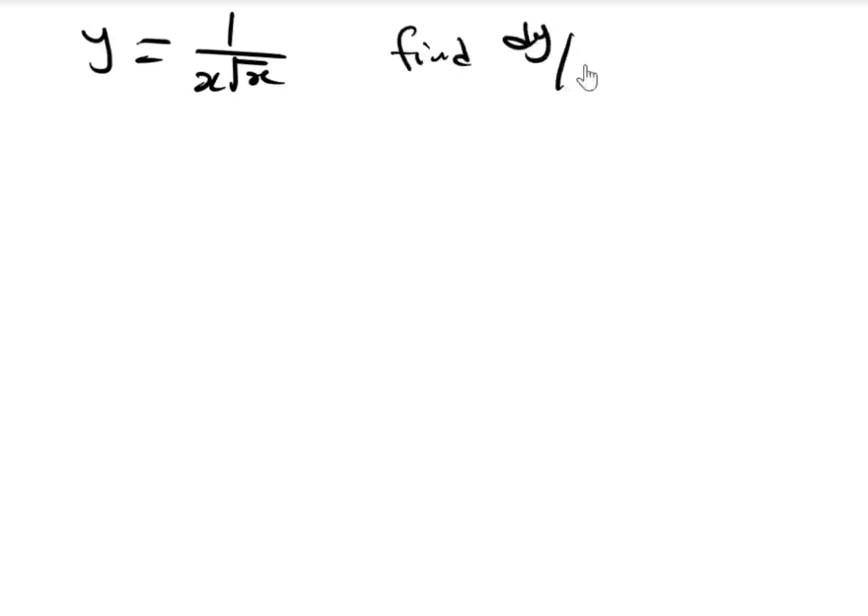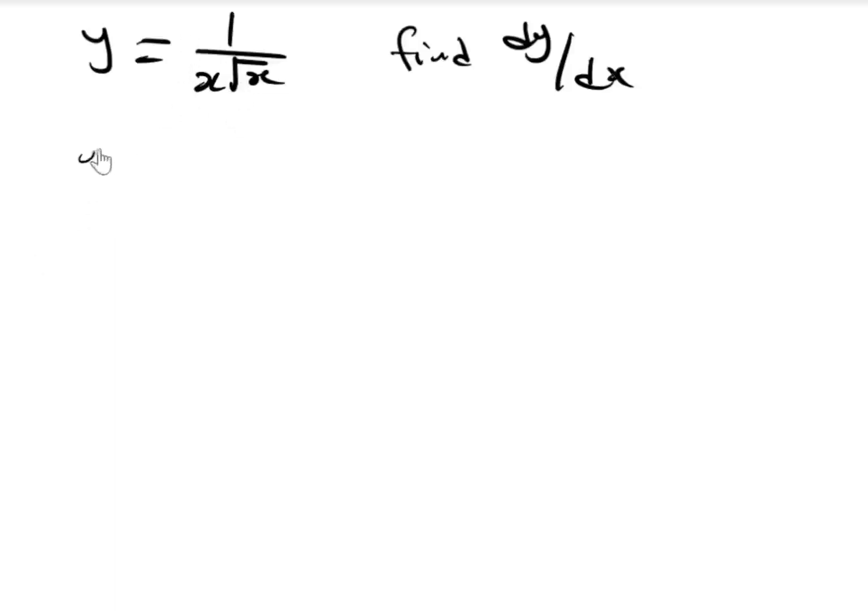Consider this example 2. If y is equal to 1 divided by x root x, find dy/dx. In this case, we can decide to rewrite this expression using our knowledge of indices.